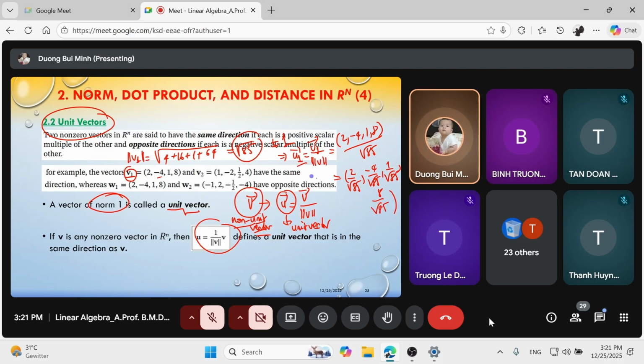This is the unit vector. When we take the norm, you get 85 over 85, so you get 1. As I said, any non-unit vector, we take it divided by its norm, and you get the unit vector.